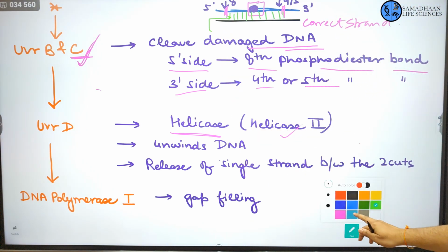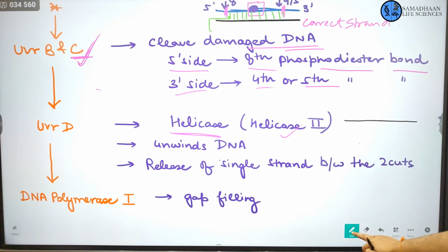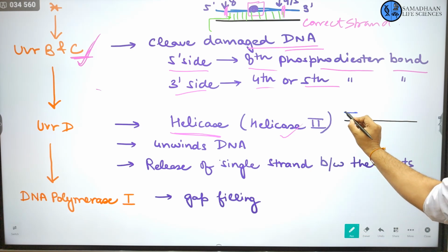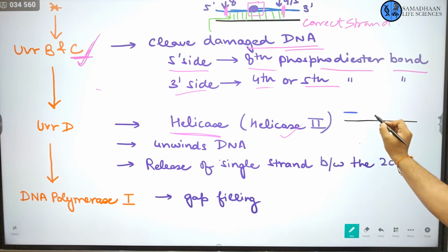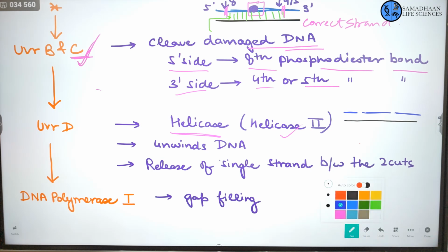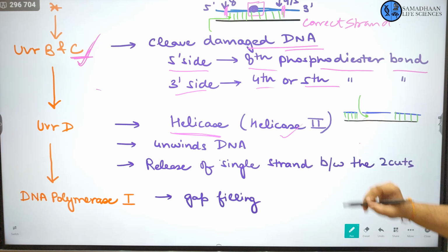If I draw it, then it would be more clear to you. So this is the original strand that I am talking about, and this is one portion, and this is the other portion. The phosphodiester bond has been broken, and helicase is also removing the hydrogen bonds.